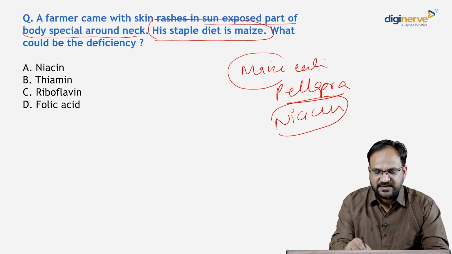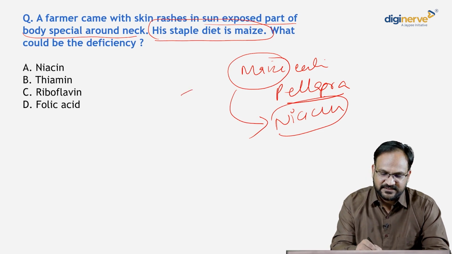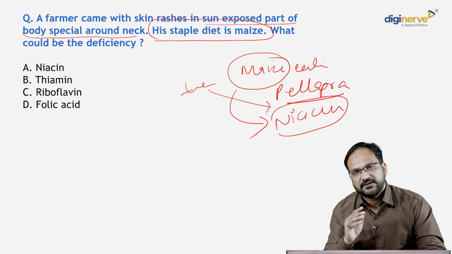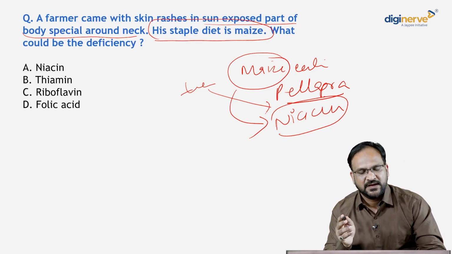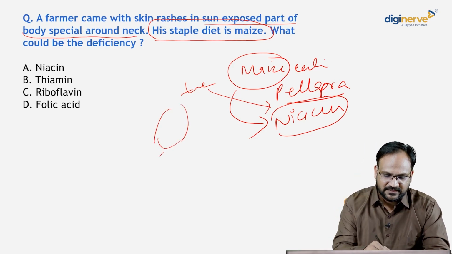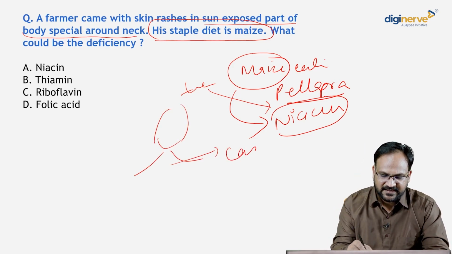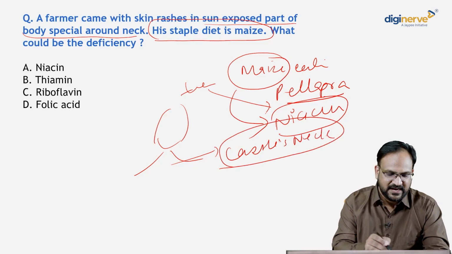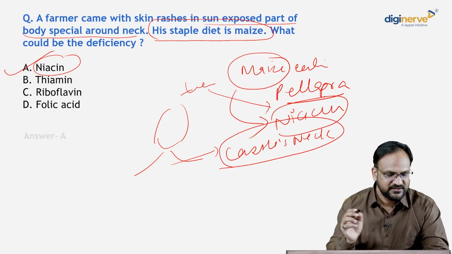Because in maize there is deficiency of niacin, and maize has leucine, which also reduces the conversion of tryptophan to niacin. We have studied it in the nutrition chapter as well. In such a person around the neck there will be Casal's necklace. So the answer will be niacin. It is a very easy question.